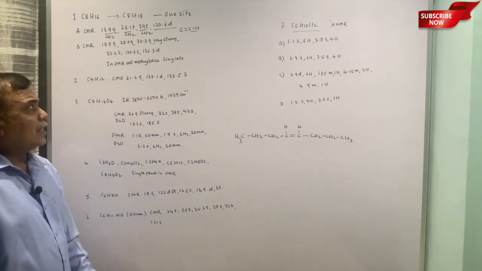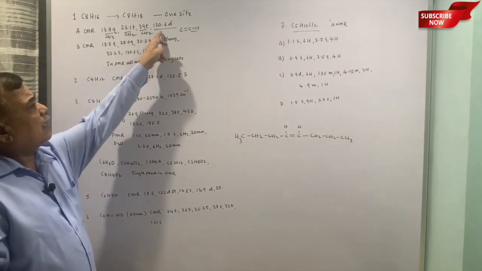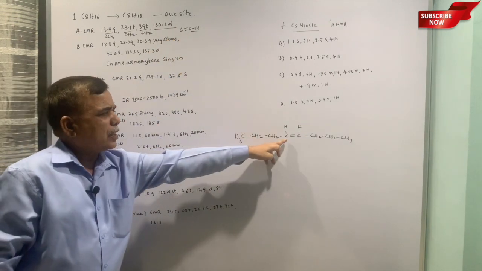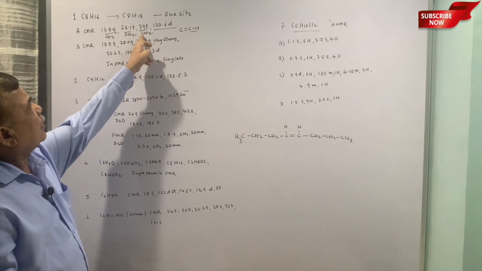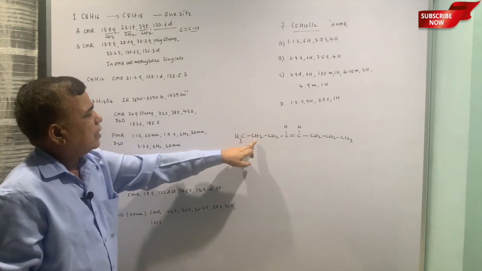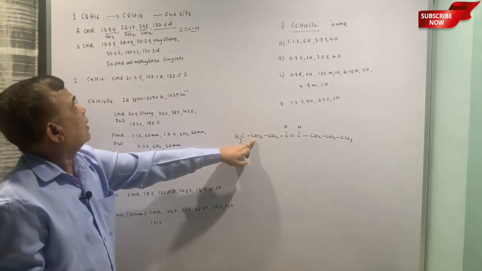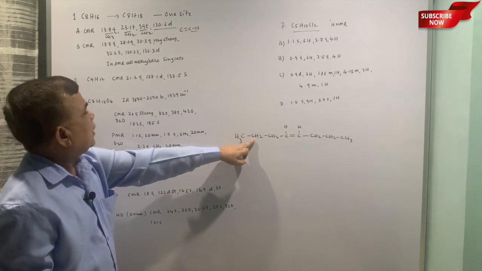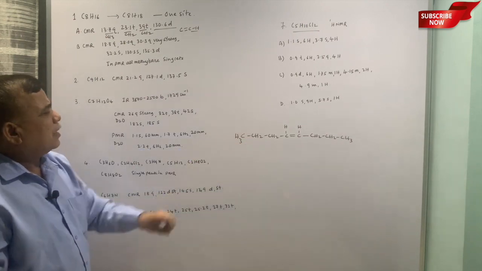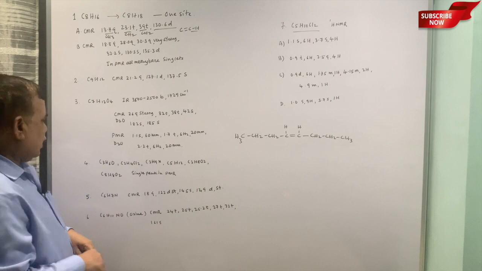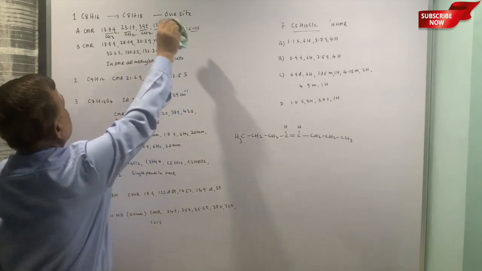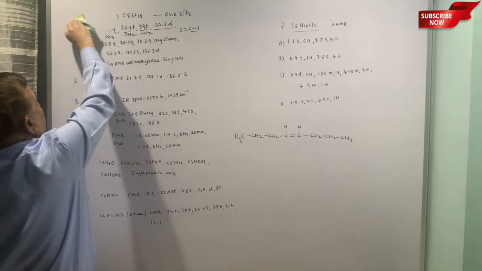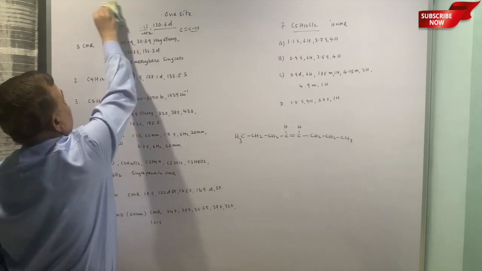This 130.6 doublet stands for this carbon, and then your 39 the allylic, then the next one is 23 and last is 13.7. That is how the assignment has to be. So that is about the first compound A.